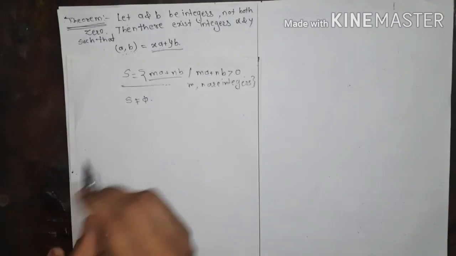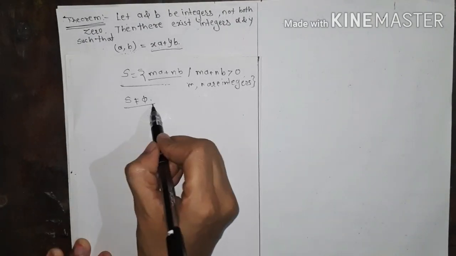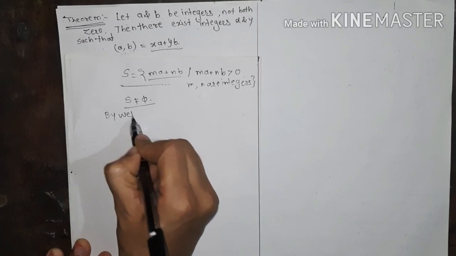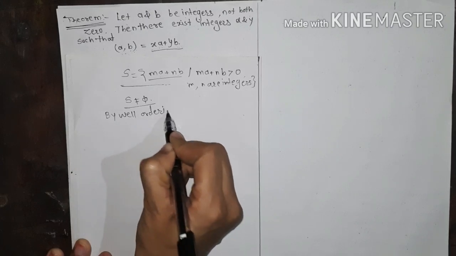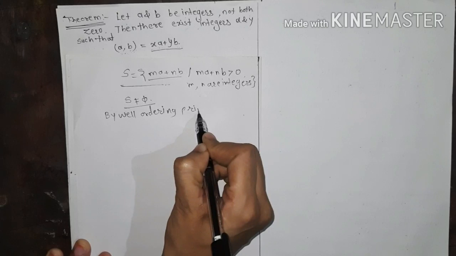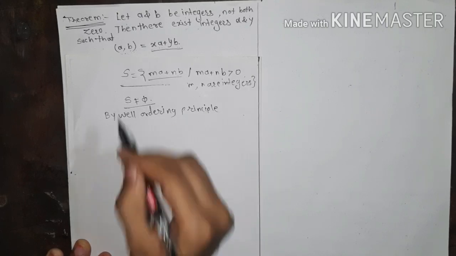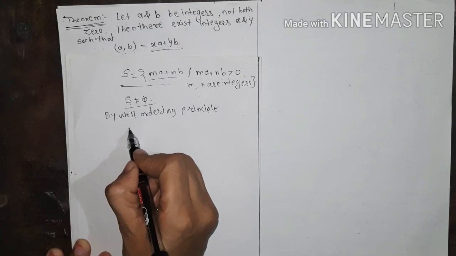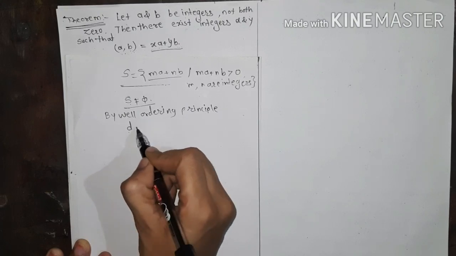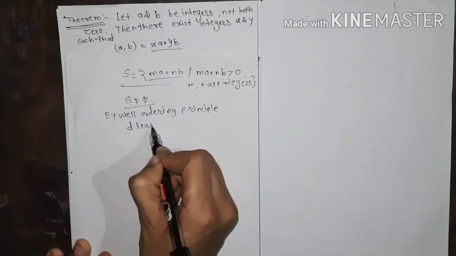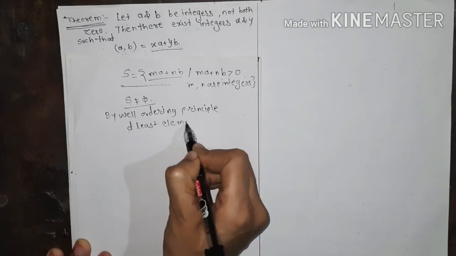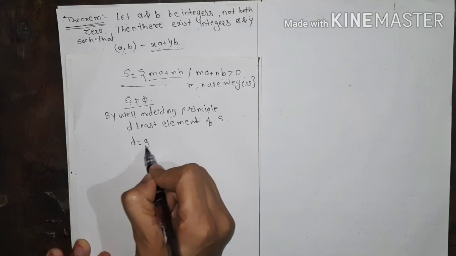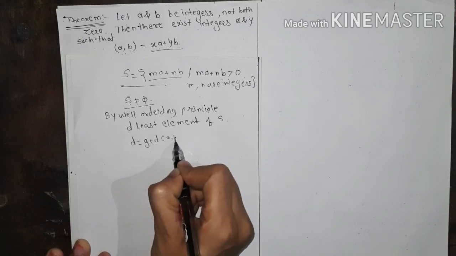After showing this, by the well ordering principle, the set S has a least element, and we suppose D is the least element of S, and then we show that D is a GCD of A, B.